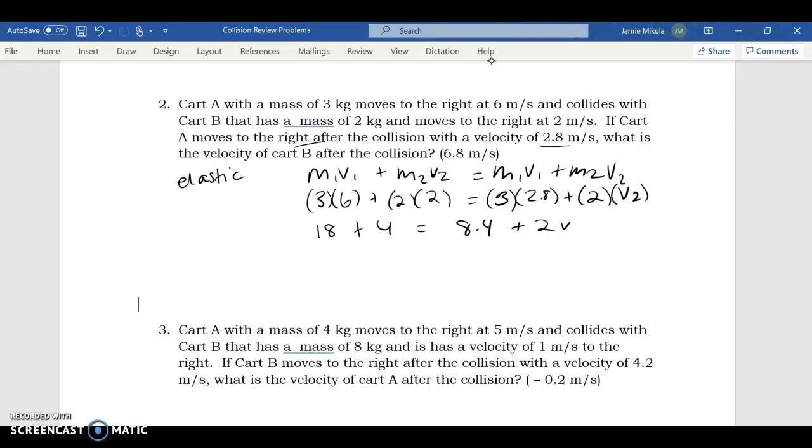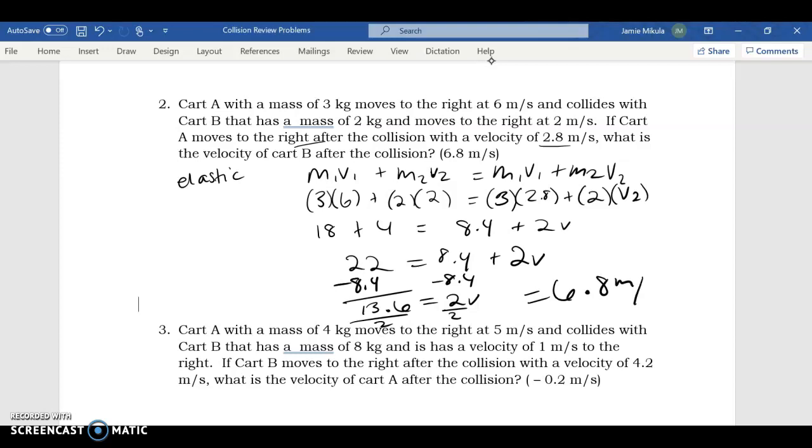So 22 equals 8.4 plus 2V, and then subtract 8.4 from both sides. 13.6 equals 2V, divide both sides by 2, is 6.8. All right, and that checks out there.